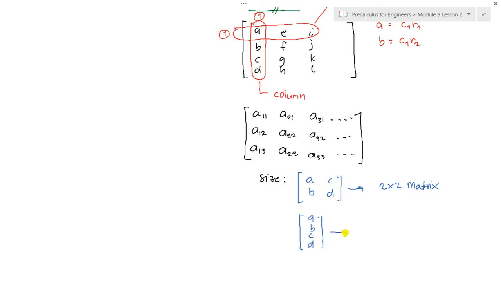One by 4. Okay, 1 by 4, sakto. This is a 1 by 4 matrix. Kay usa ra ka column, upat ka rows. Row 1, row 2, row 3, row 4.